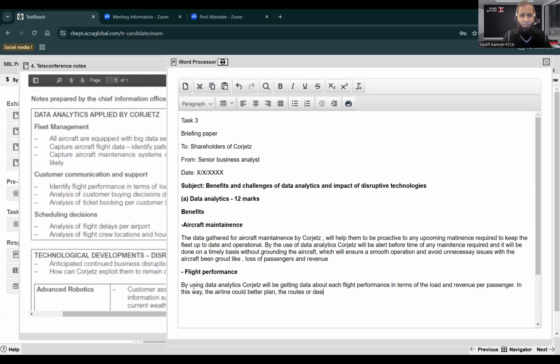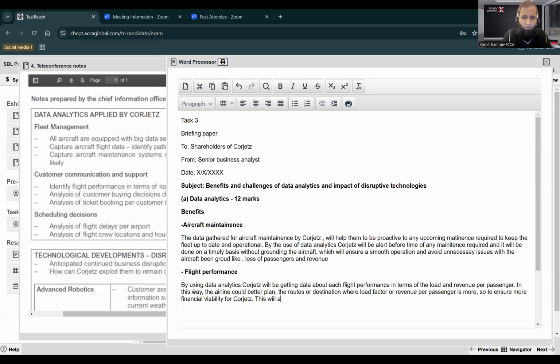or destinations where load factor or revenue per passenger is more, so to ensure more financial viability for Corjets.